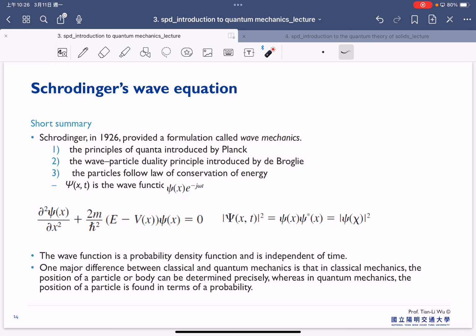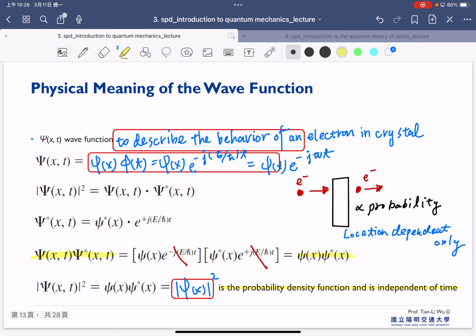And therefore, we actually get this equation out. Based on this equation, finally we get this conclusion as shown here. This conclusion tells us that the wave function is a probability density function, is independent of the time. But now, again, we still have to remind what actually the wave equation is.